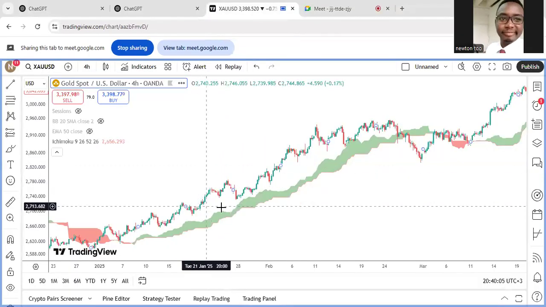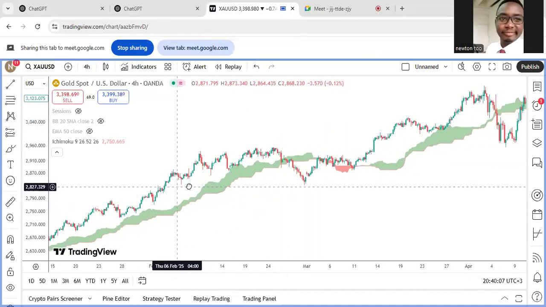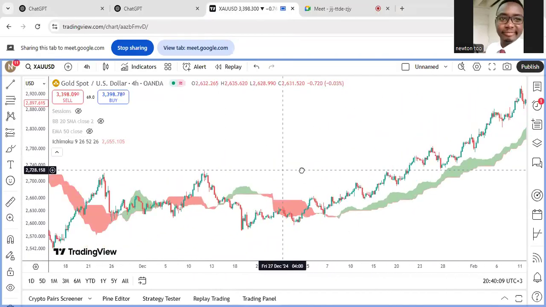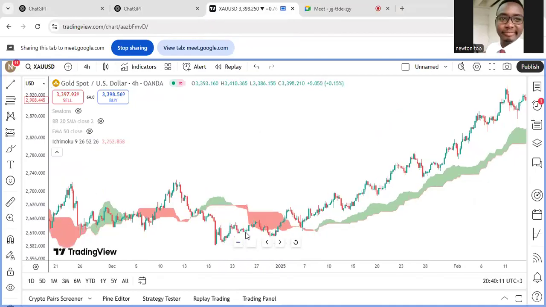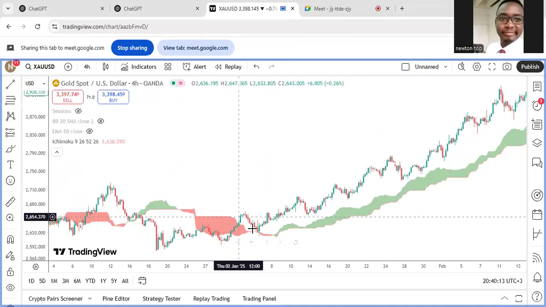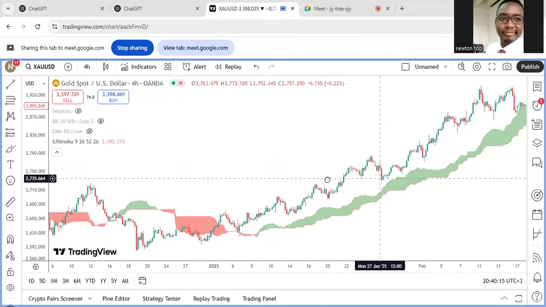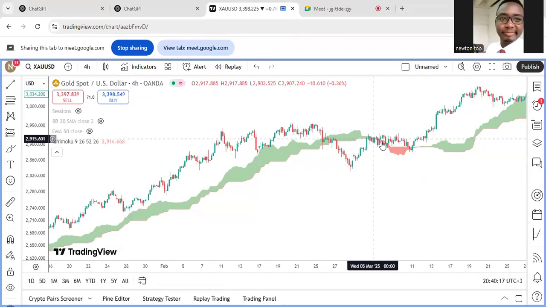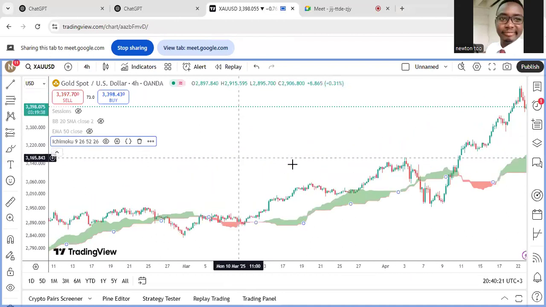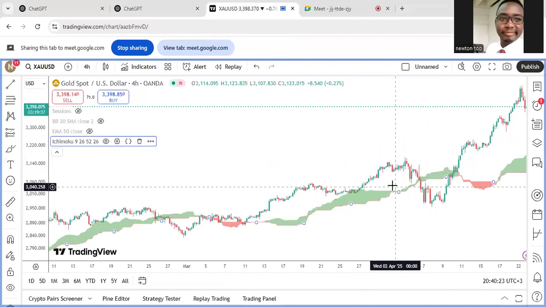You can see we have a cloud here. With the Ichimoku, we have a green cloud and a red cloud. The red cloud is called a bearish cloud, and the green cloud is called a bullish cloud.